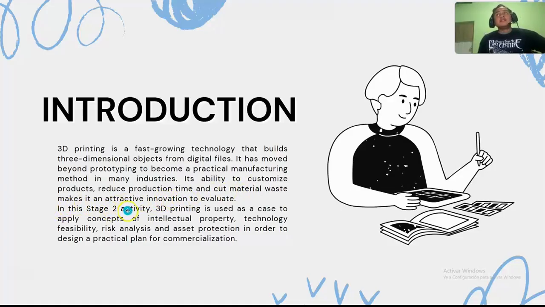In this stage 2 activity, 3D printing is used as a case to apply concepts of intellectual property, technology feasibility, risk analysis, and access protection, in order to design a practical plan for commercialization.